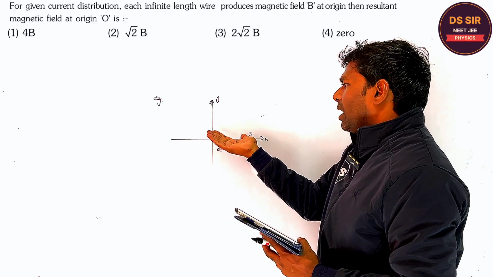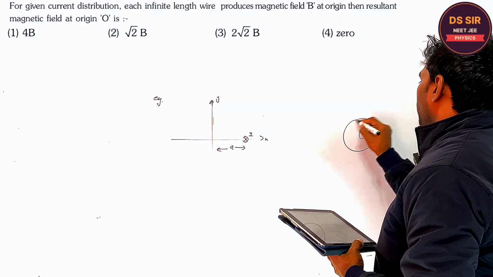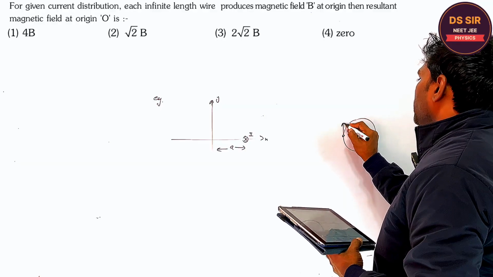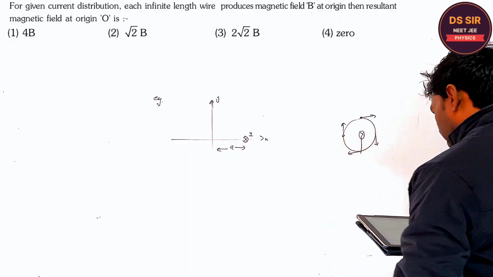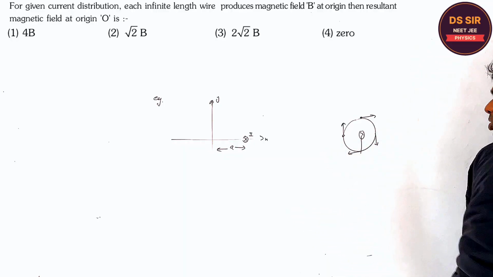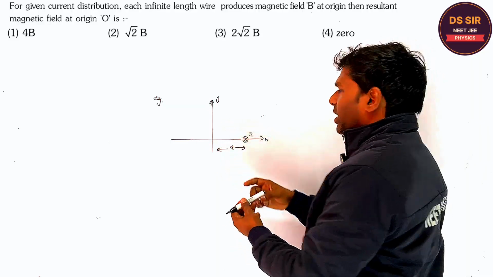Upward. Are you getting? Because of this current carrying wire into the board, the magnetic field will be like this, like this, like this. So at this point, due to this wire, the direction is upward.